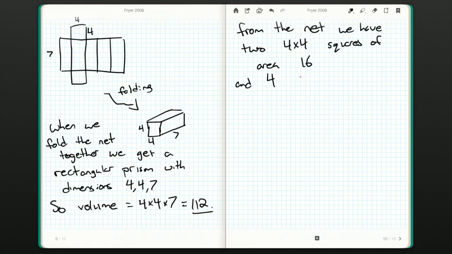And we have 4 by 7 squares. So that's going to be a 4, that's a 4, that's a 4. 4, 4, 7, 7, 7, 7, 7. And we have 4s and 4s here. So 4 by 7, that gives us an area of 28.